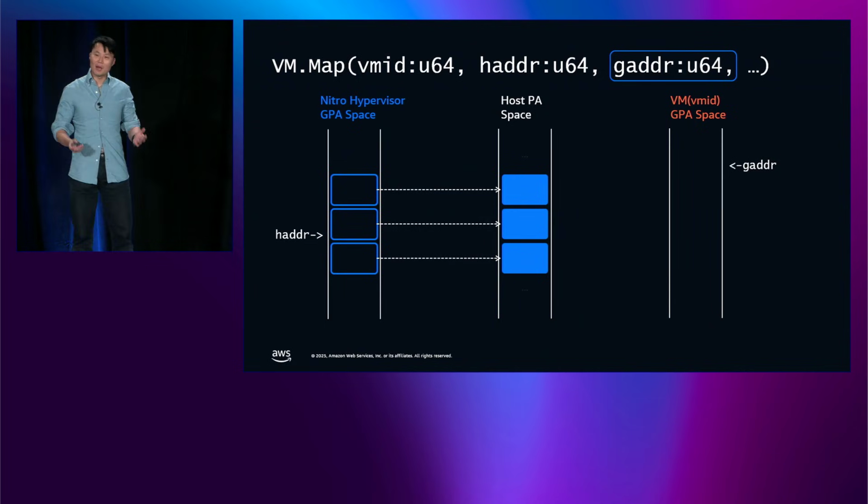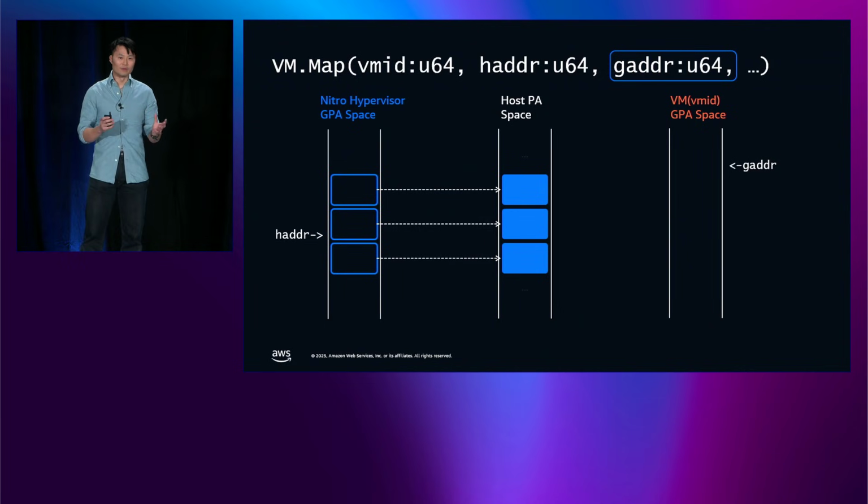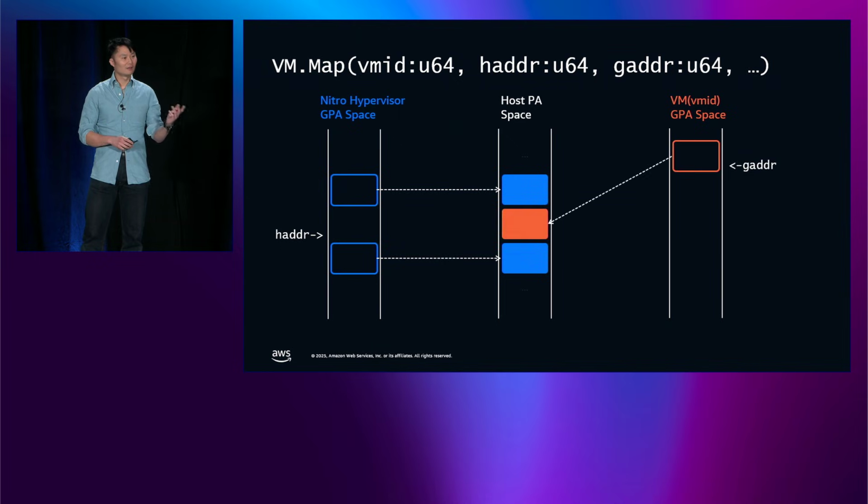And the result of the map hypercall is that the page moves from the Nitro hypervisor to the target VM. So I'll map a page from the source, map it into the destination.